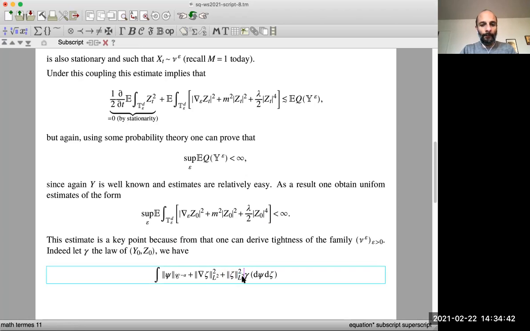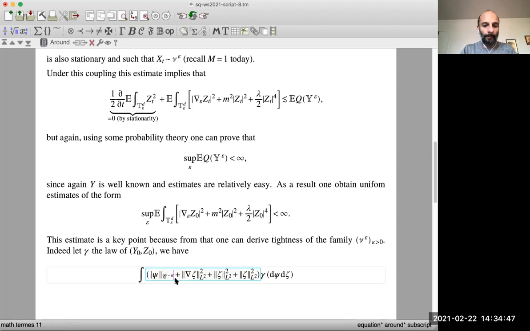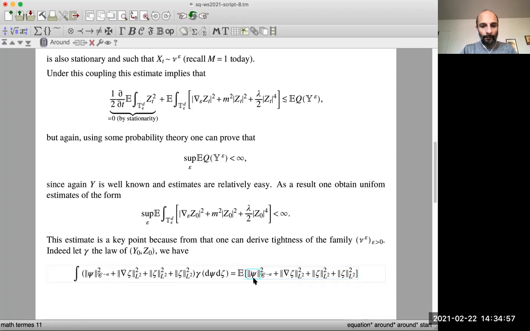Okay, so you use this, you put it here. Maybe if you want to be happy, you can use square here. And this will be like the expectation of what you have here, essentially, okay? So of y0 and z0. This is the law of that pair.